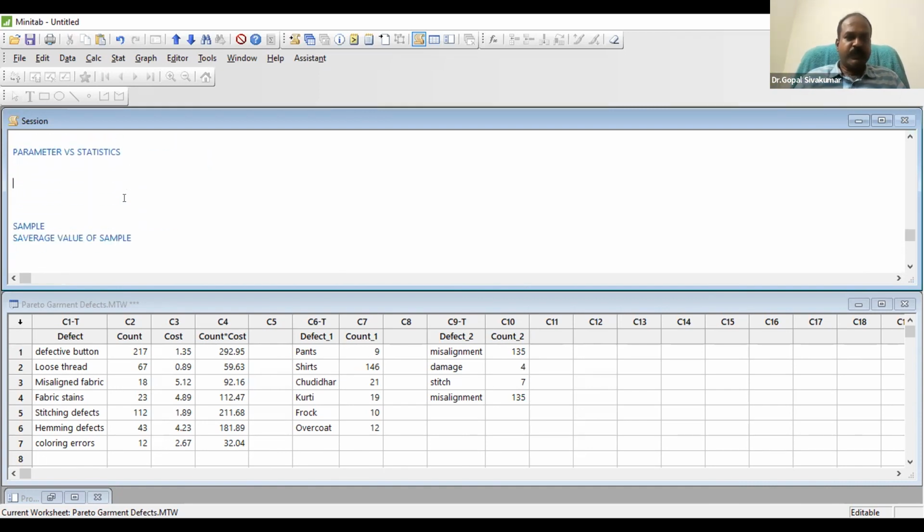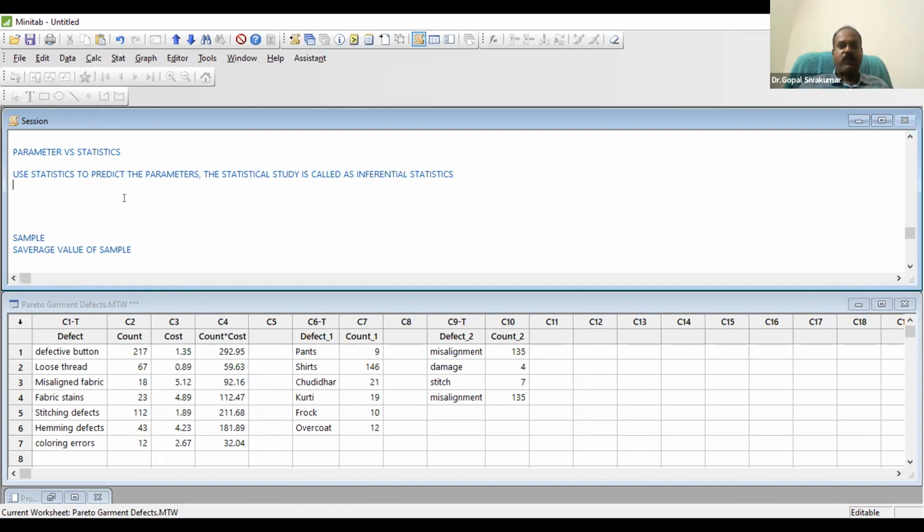So, if you use statistics to predict the parameters, the statistical study is called inferential statistics. All of you, do you understand now? Yes.